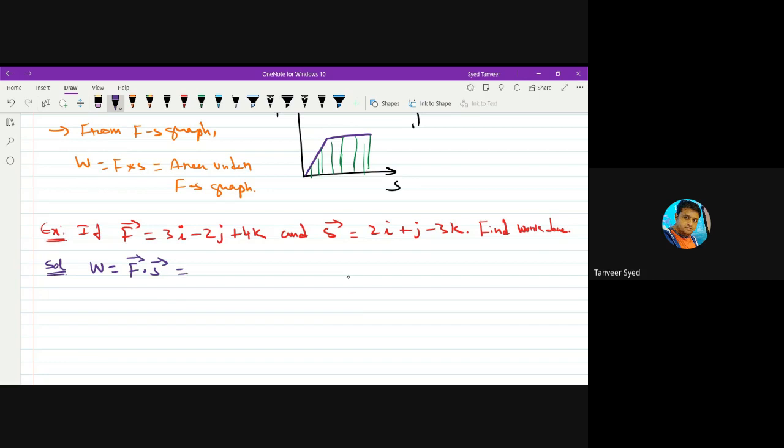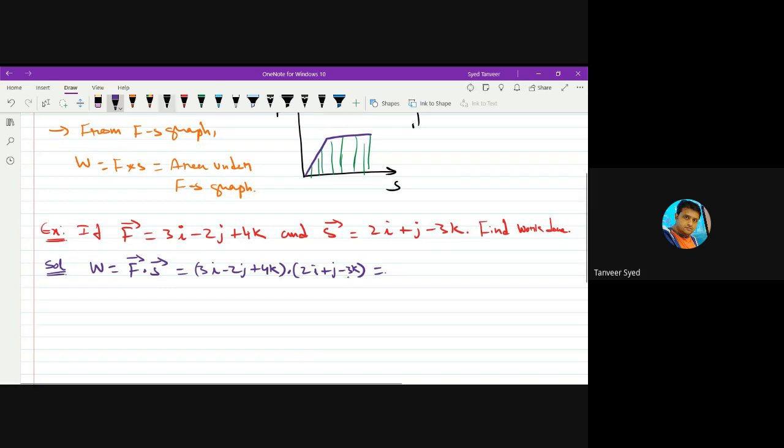F dot S. So F is 3i minus 2j plus 4k, dot 2i plus j minus 3k. If you remember and understand how we did the dot product, this is an oral question. Without using pen and paper, you can tell the answer.